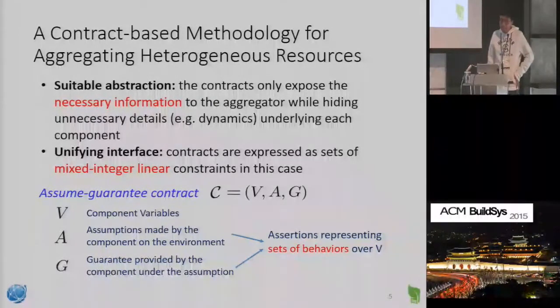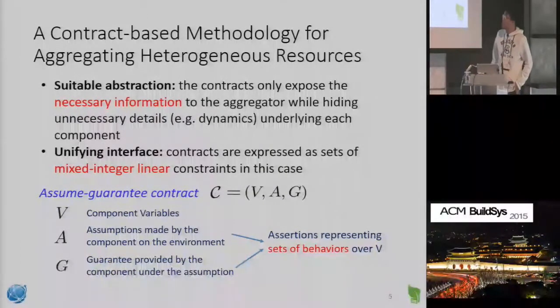When designing a complex system, we wish to reduce the complexity of design and verification by decomposing a big system into smaller ones. And especially, we wish to find a suitable abstraction for each component, as well as a unifying representation of their interface, and a specific kind of contract, called assume-guarantee contract, gives us that benefit.